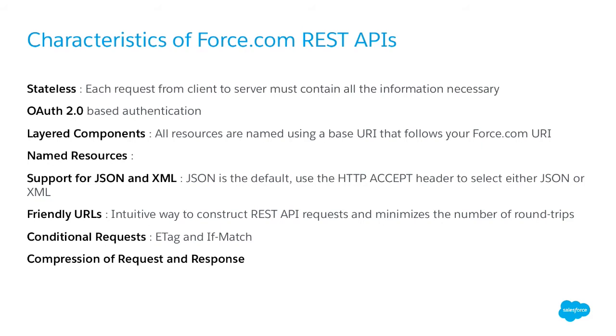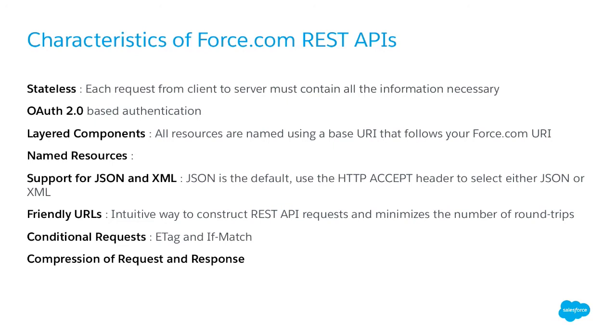And then there are some advanced things like ETag and If-Match. So what is the ETag? An ETag is basically a tag which you send in the header to first figure out, hey, did anything change in my resource on the server side? If it changed, then you send me the information, otherwise don't send anything. So you're basically trying to reduce the traffic going between the server side and the client side.